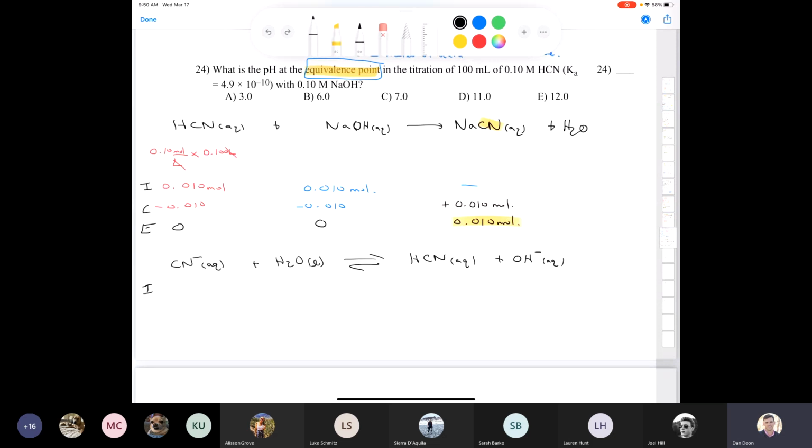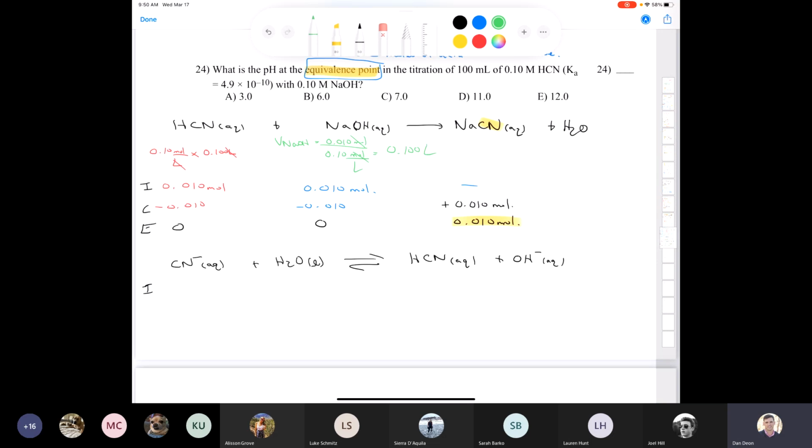If you're not sure, in order for me to figure out what the volume of the sodium hydroxide is, it's going to be 0.01 moles, which is what I need to reach the equivalence point, divided by the concentration, 0.10 moles per liter. Moles cancel out, and you end up with 0.10000 liters.